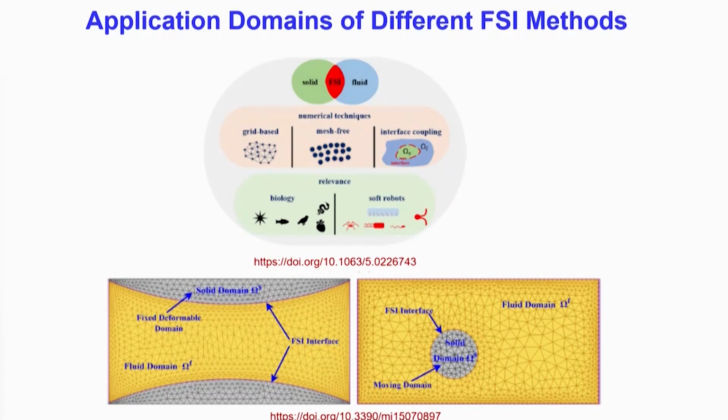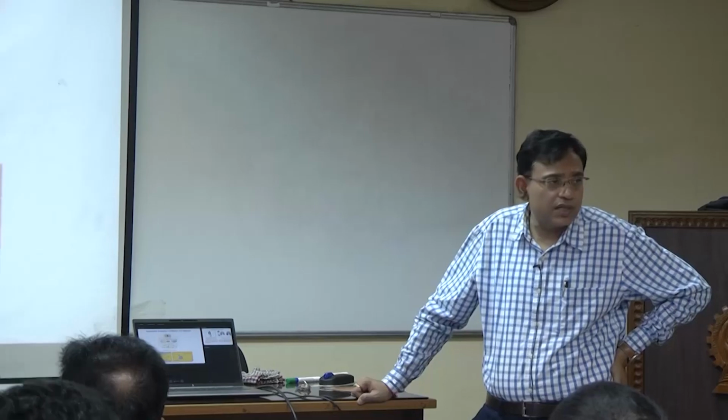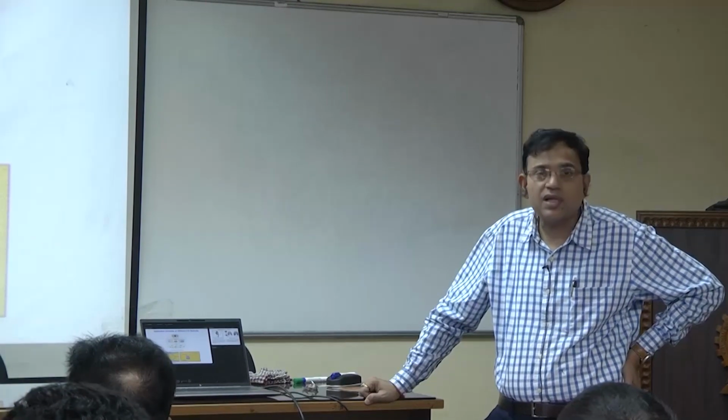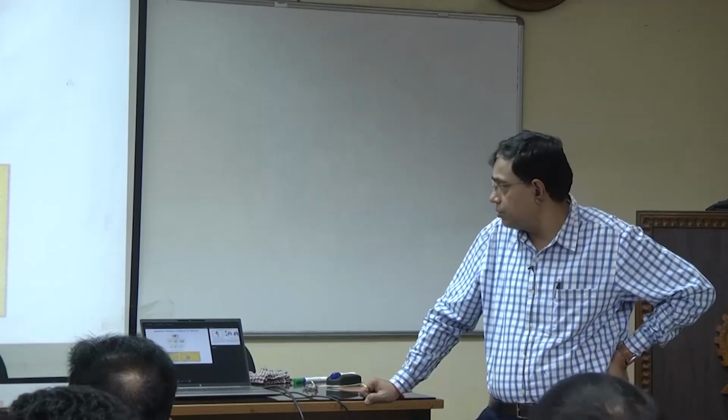If you now see overall what kind of problem we are looking at, one is the channel flow or the capillary flow that we talked about. We can imagine it is the same, except the wall of that channel or capillary is deformable, like the blood vessels in the human body.